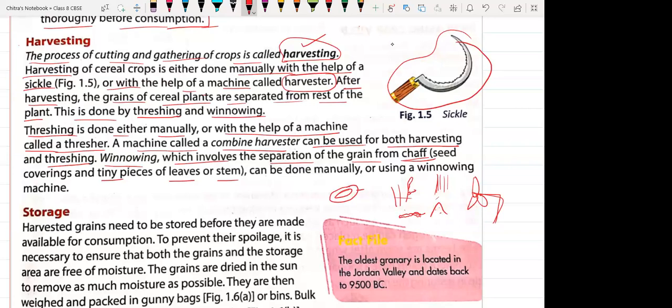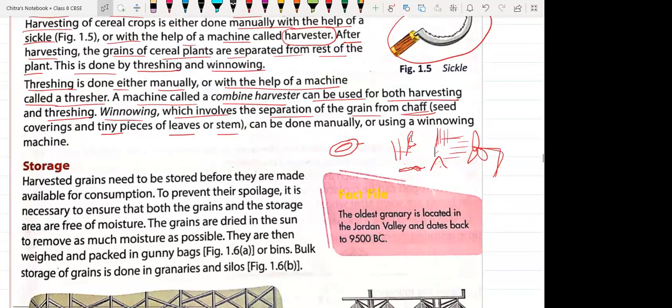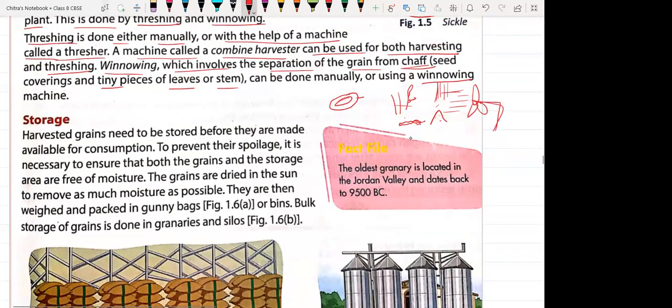This is the process by which we can perform winnowing. We have a winnowing machine also, by which we can separate the chaff from the grains.